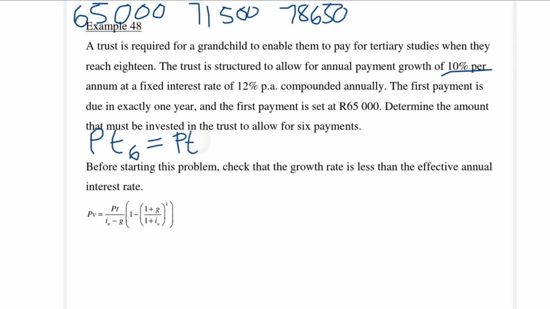be the original payment, 1 plus my growth rate, which is 10%, 0.1, to the power, and now it's to the power 5 and not to the power 6.